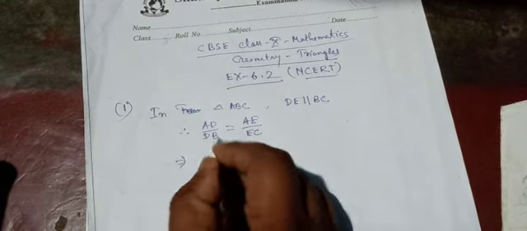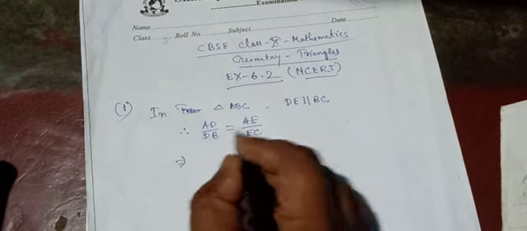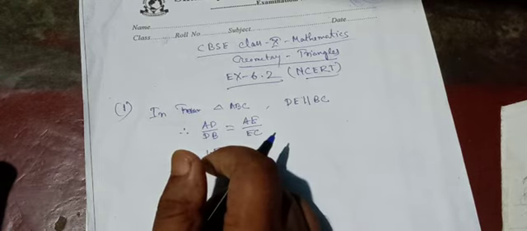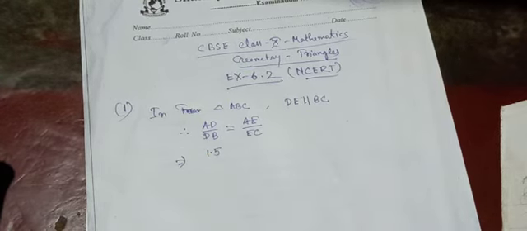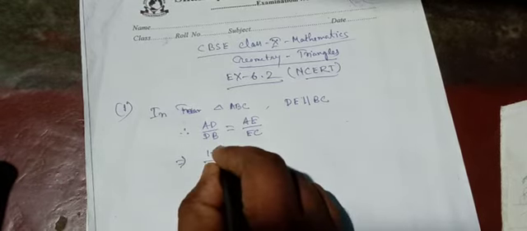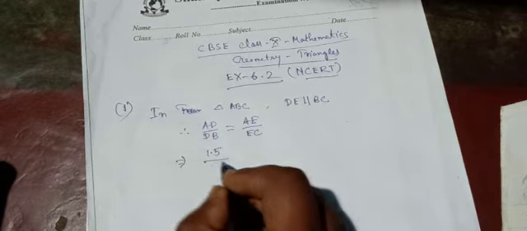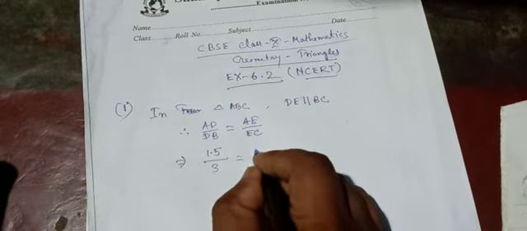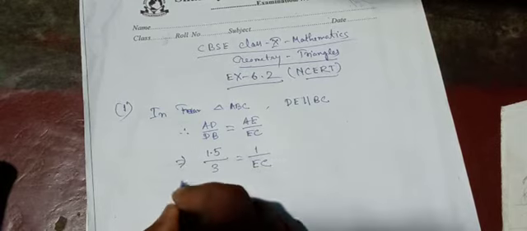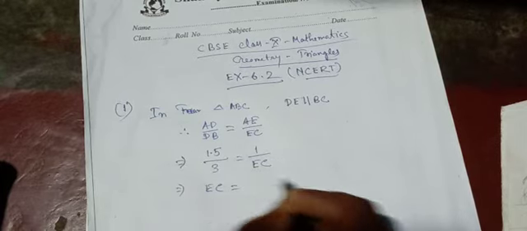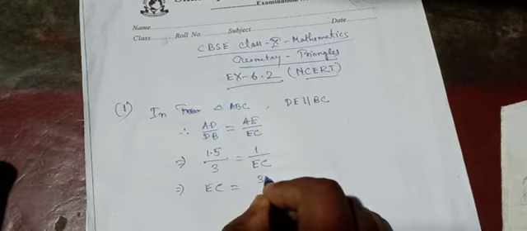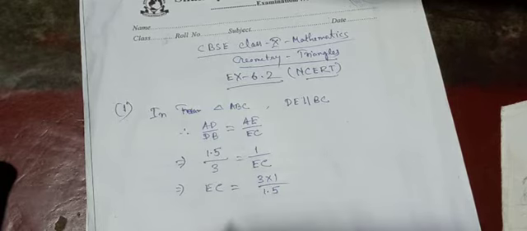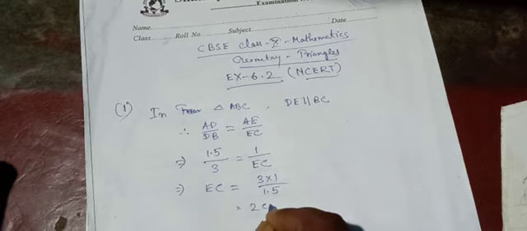The value of AD is 1.5. It is in centimeters, but since it's a ratio, the unit cancels automatically. 1.5 divided by DB, and DB is 3, equals AE which is 1, and EC we have to find. So EC equals 3 into 1 by 1.5, which is 2 centimeter.